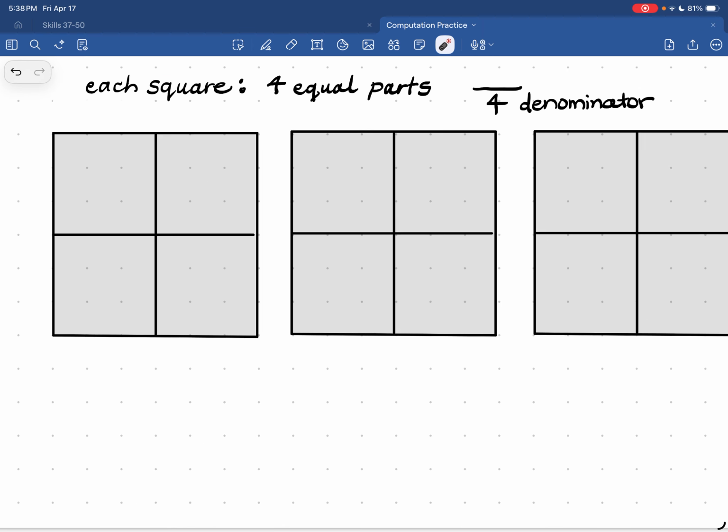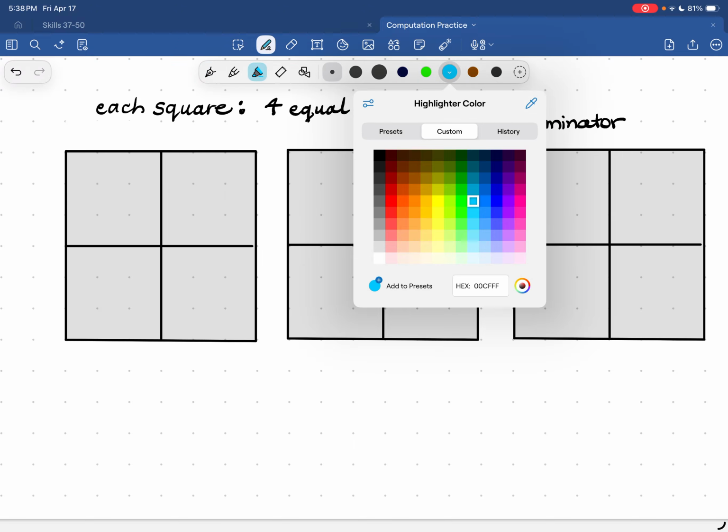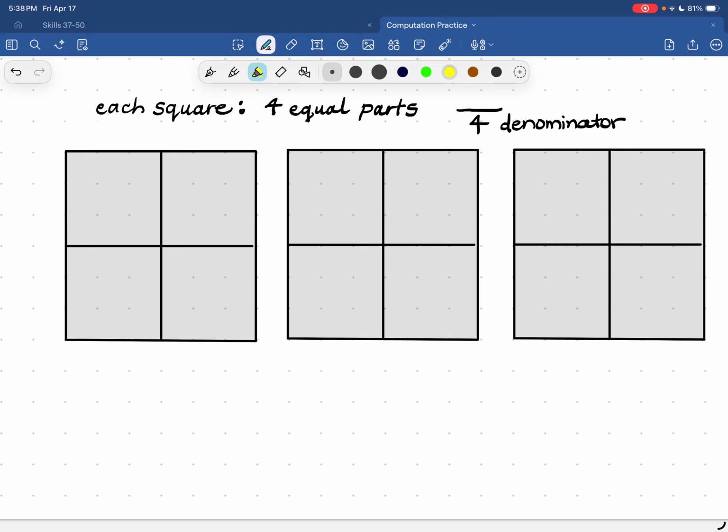Okay, let's shade, and you can use a highlighter if you have one, or you can just color with your pencil. It doesn't have to be fancy. We're just getting the concept. I'm going to shade one whole square with yellow. So I'm coloring one whole, or I could call that 4/4. Right?